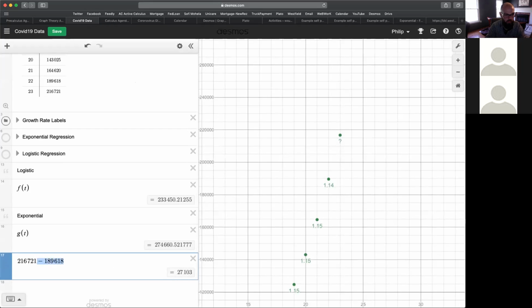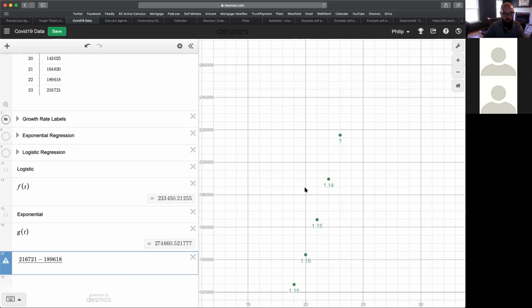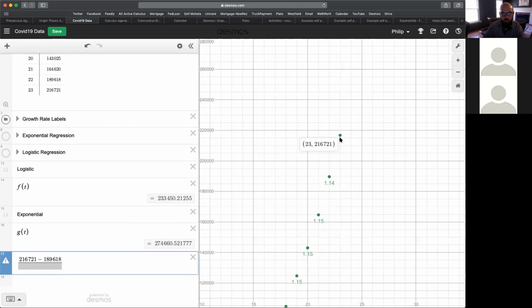We take all that and divide by 23 minus 22.